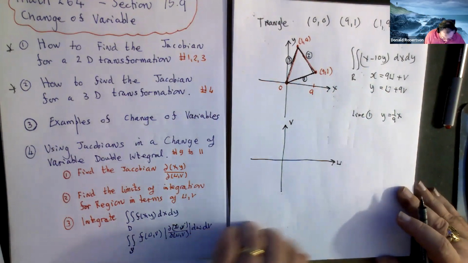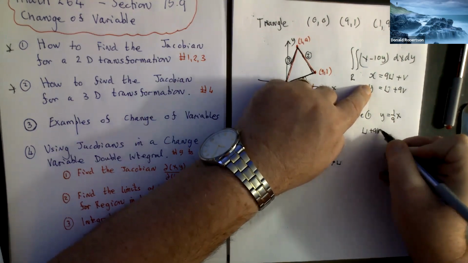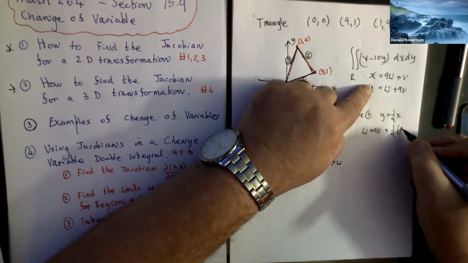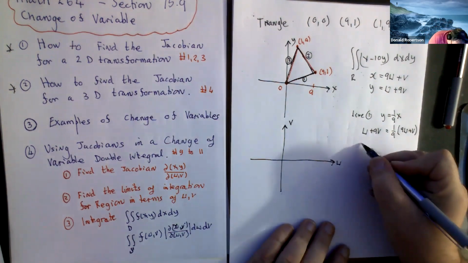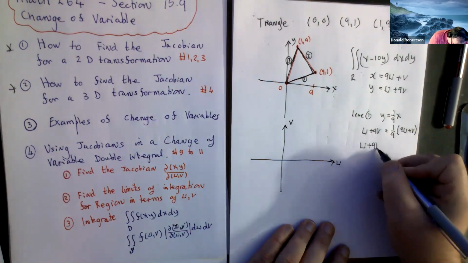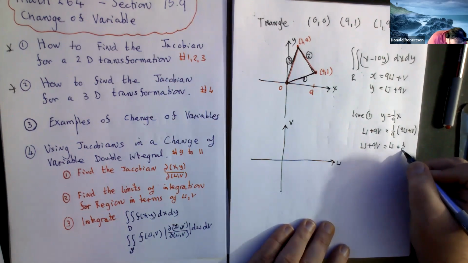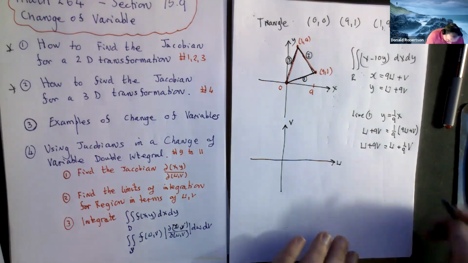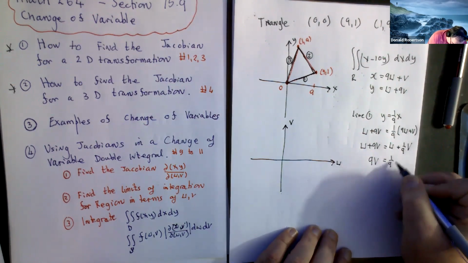Now, what does that look like? Well, y becomes u plus 9v, and it's 1/9 of x, which is 9u plus v. So that's going to be u plus 9v equals u plus 1/9 v. So far, so good. Now, if you subtract a u from both sides, you get that.